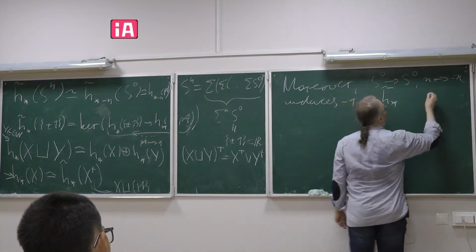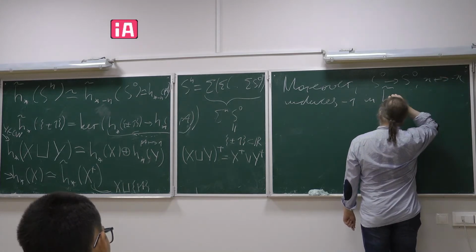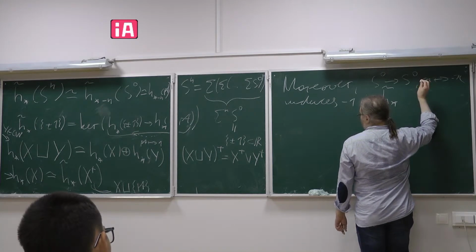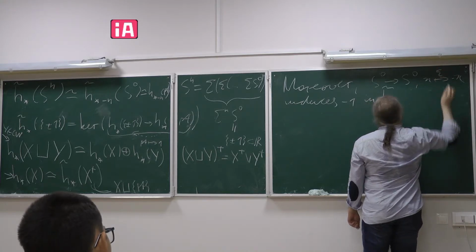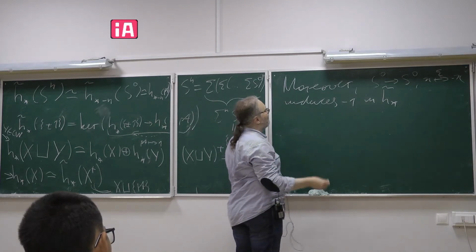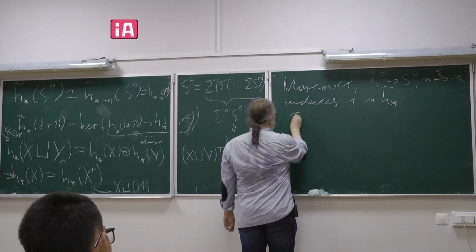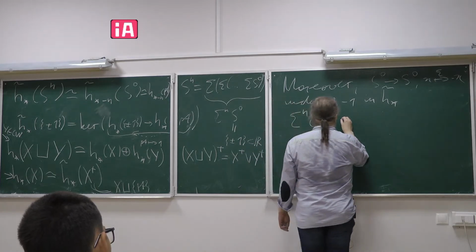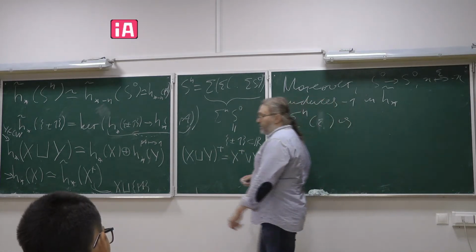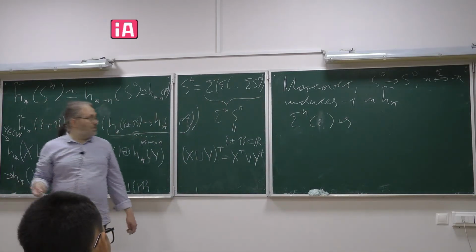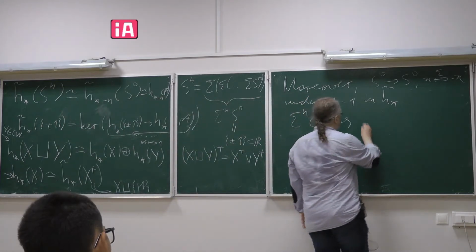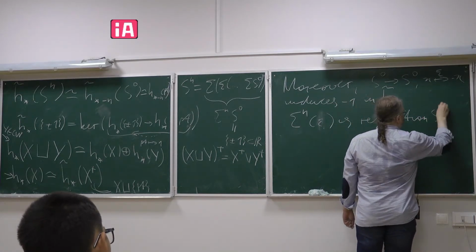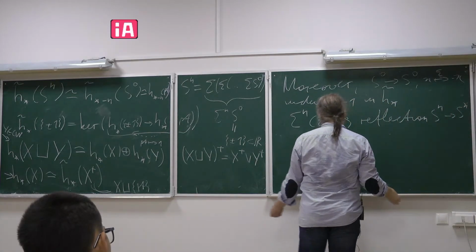Let's call this map epsilon. Now, what is the n-fold suspension of epsilon? It's a reflection in a hyperplane.